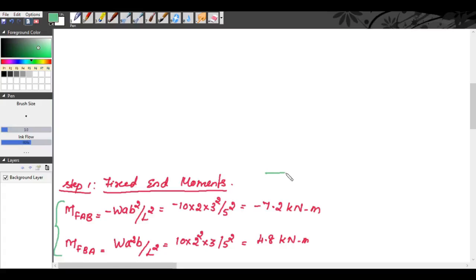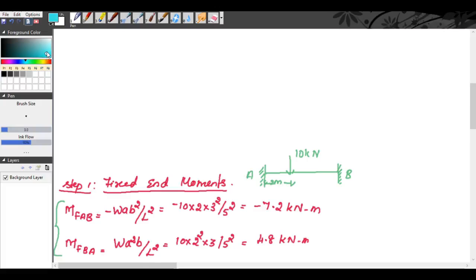We know when we are finding the fixed end moments, we assume all the supports as fixed. So if we are considering the span AB, we have a 10 kilonewton load acting at a distance of 2 meter from A. When we have fixed supports, we will have a hogging moment, that means negative moments.